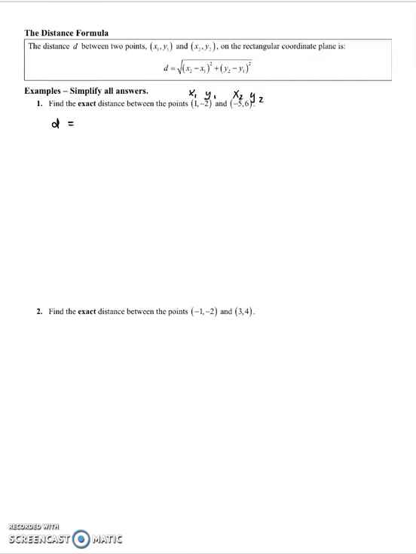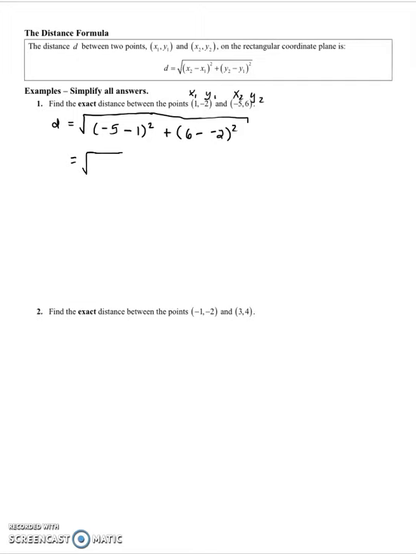So d equals the square root of x2, which is -5, minus x1, which is 1, squared, plus y2, which is 6, minus y1, which is -2. And we square that. That's all under the square root.